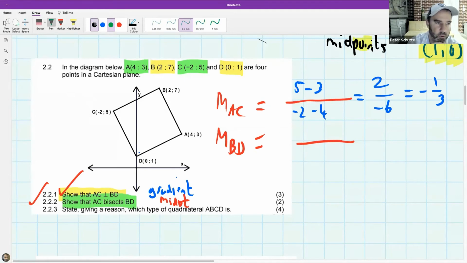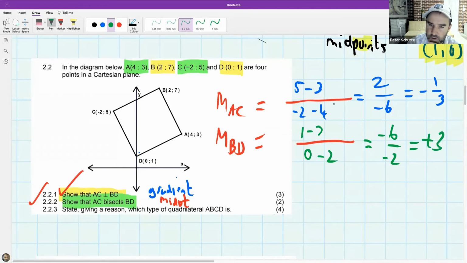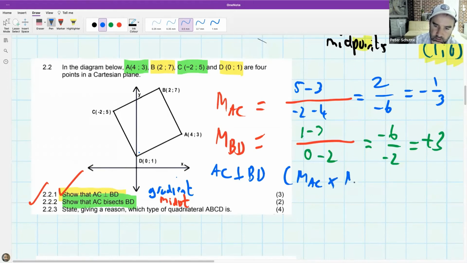Okay, I need to work out my gradients before I can make any claims and make sure I don't make a silly mistake. So I'm going to go 1 minus 7 and then 0 minus 2, get minus 6 over minus 2, which is positive 3, which is good news. So I have proved AC is perpendicular to BD, and sometimes what students write for the reason is just, what are the gradients there?